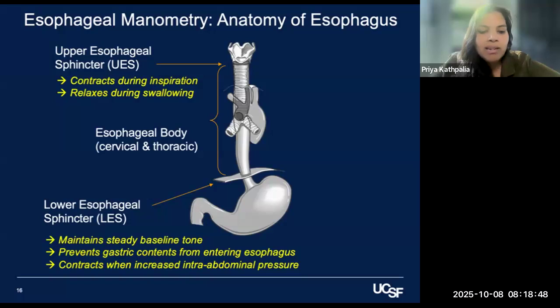It's important to recognize that the LES is actually a 2 to 5 centimeter circular muscle layer. So it's not just 1 centimeter. And knowing that is important when you're doing things like Botox injections, that you don't have to just do them right at the LES, and going just proximally may help you capture more benefit.